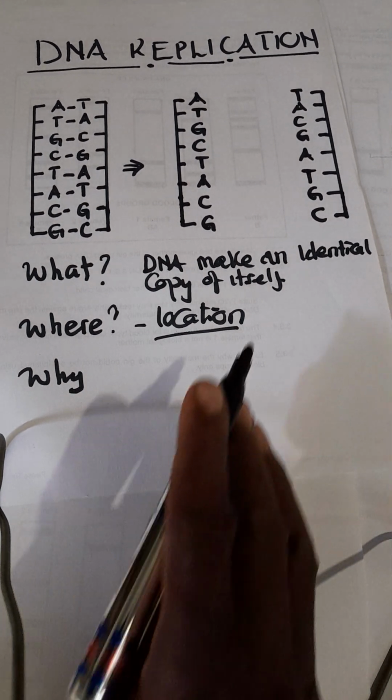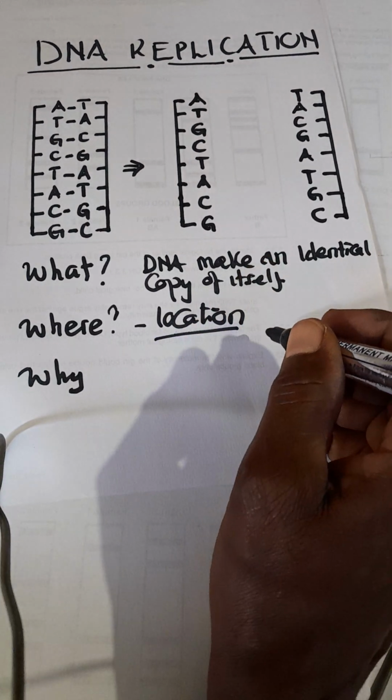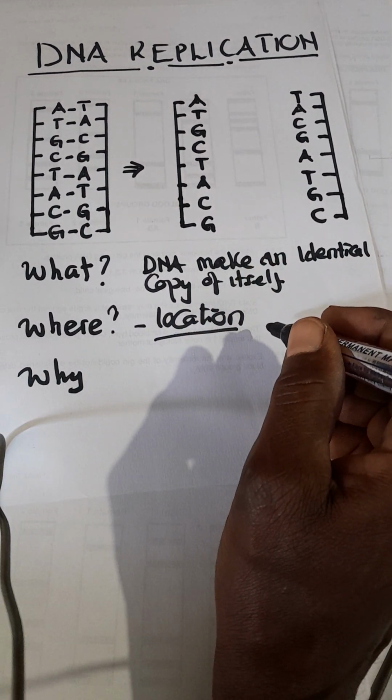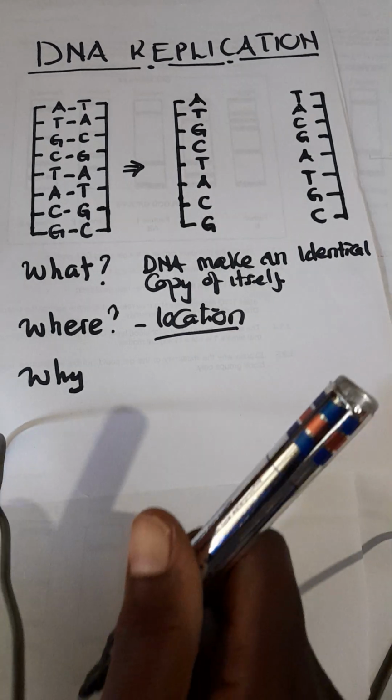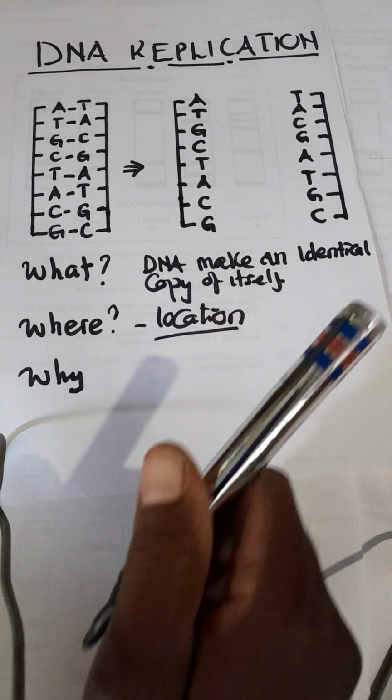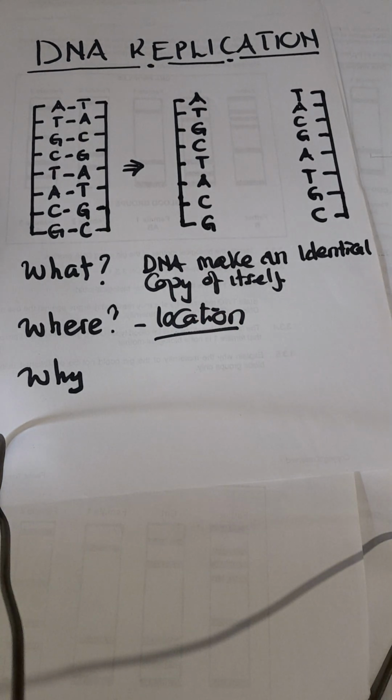And we identified three main organelles where DNA is located. And we talked about the nucleus, as well as the mitochondrion and the chloroplast.